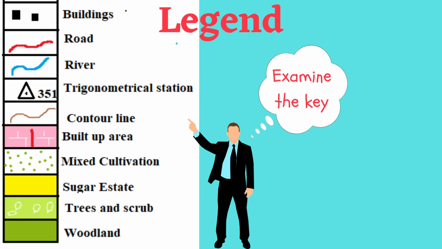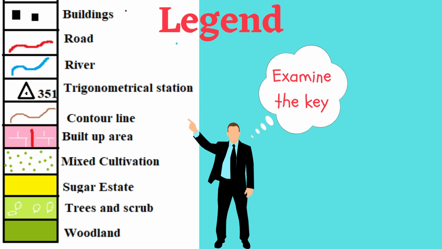Now, the first thing that you need to do when you are reading a map is to familiarize yourself with the key, bearing in mind that even though symbols are generally standard, they do vary from one map to another.